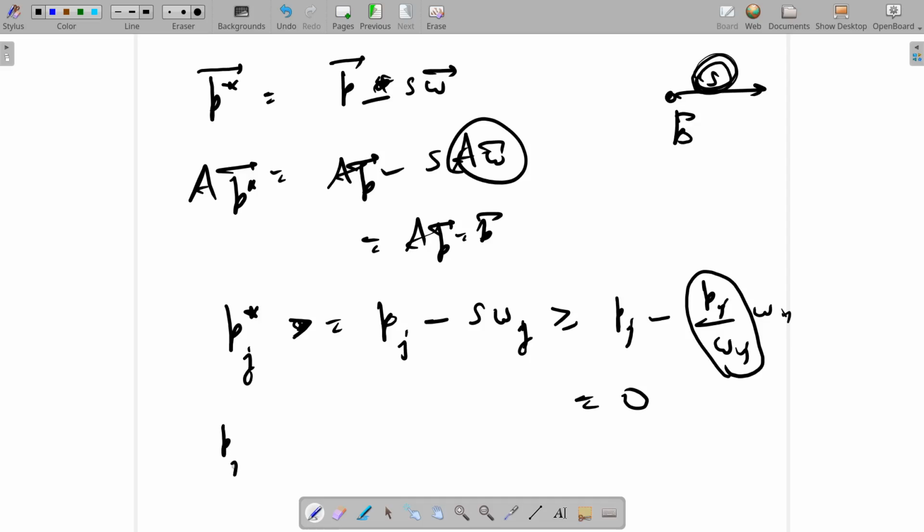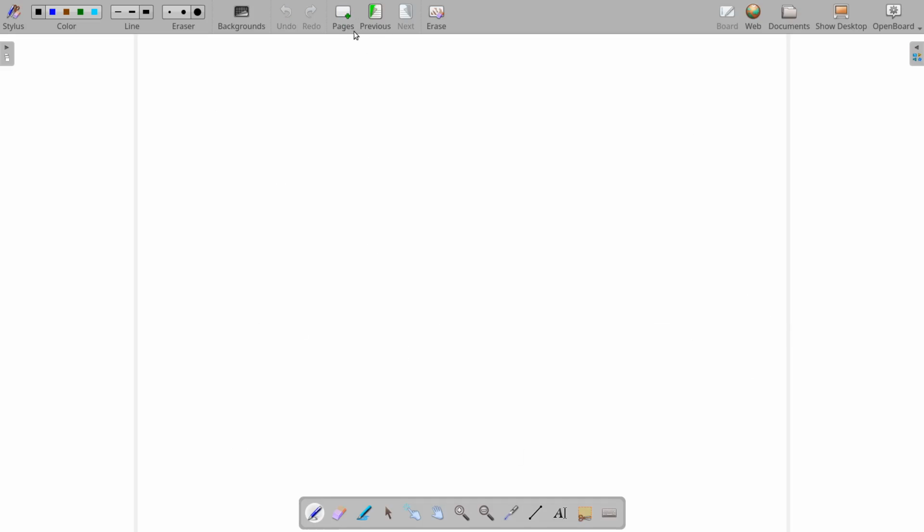And for that particular coordinate j star, where S was attaining its minimum, S was actually equal to Pj star over Wj star. So we have P star j star is equal to Pj star minus Pj star over Wj star times W of j star, which is equal to 0. Alright.